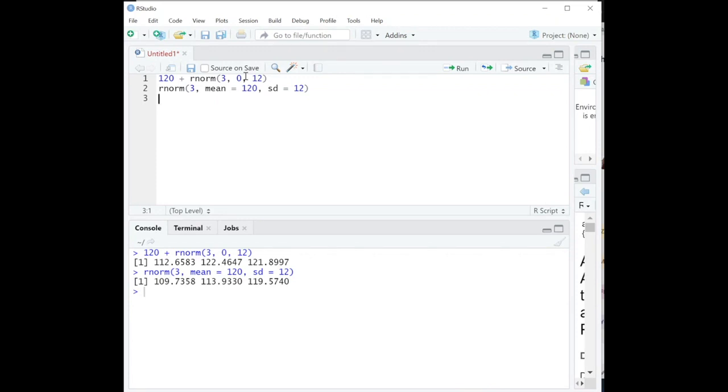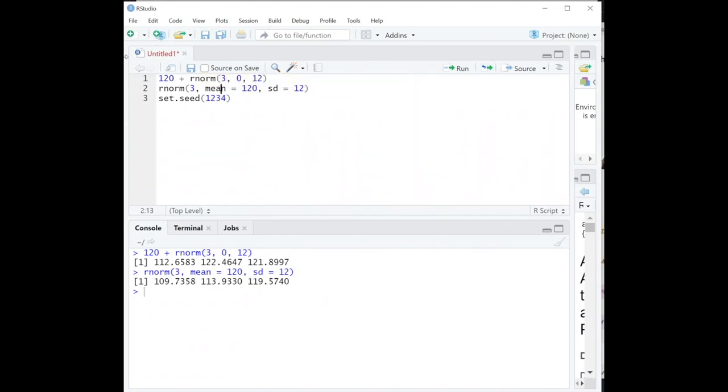Therefore, in order to obtain the same results, me and you, we set the same seed. So we do so, set seed, and we use the same seed. For example, 1, 2, 3, 4. This is a stupid seed, but it's a seed.